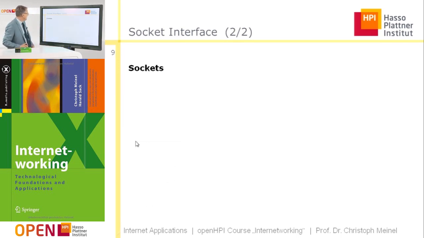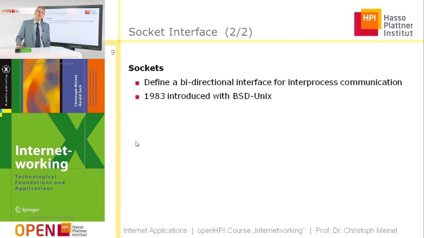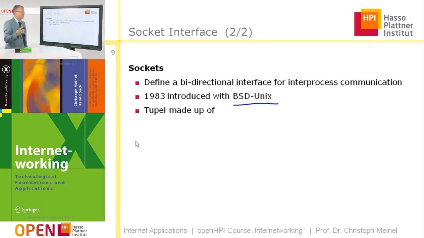The sockets define a bidirectional interface for interprocess communication. In the design of such sockets, they followed the BSD Unix way to address and to deal with such endpoints, in that case of interprocess communication.